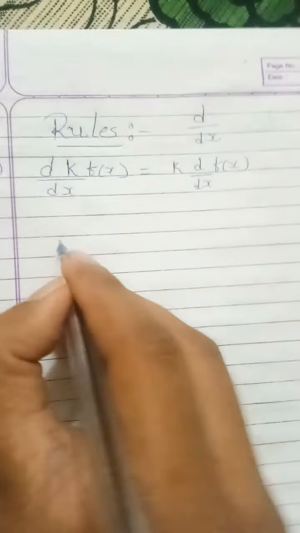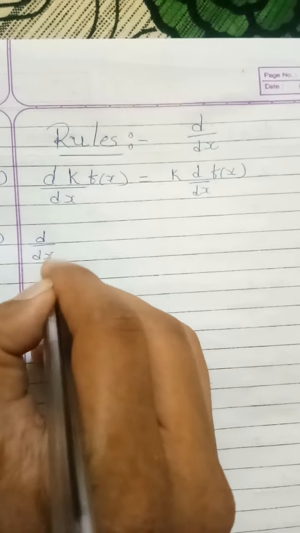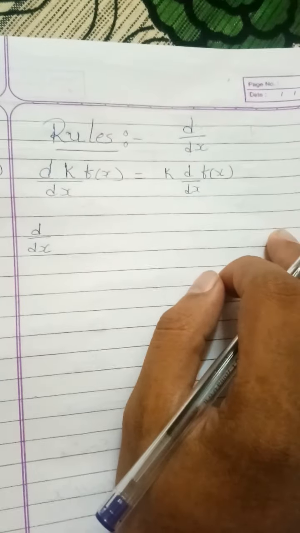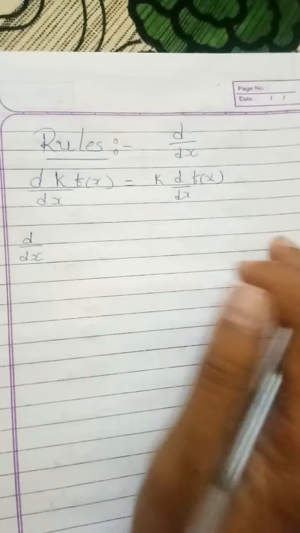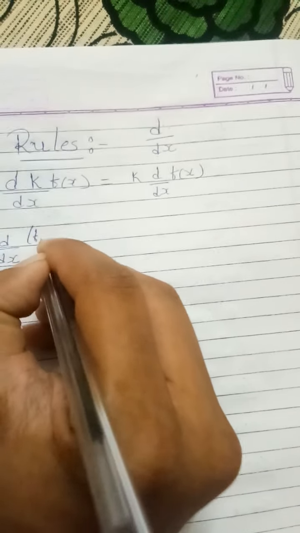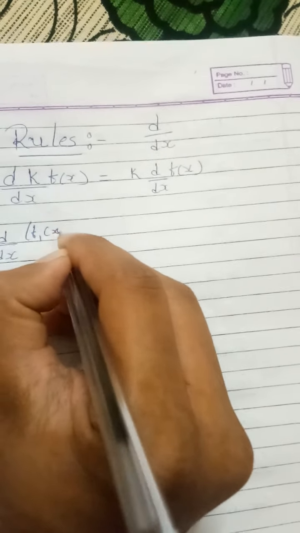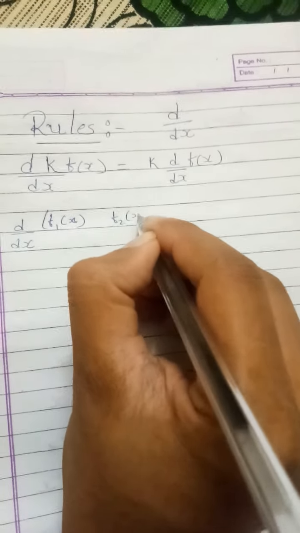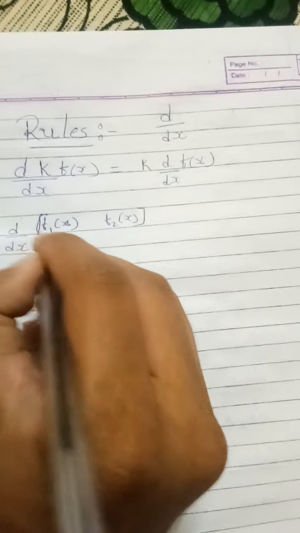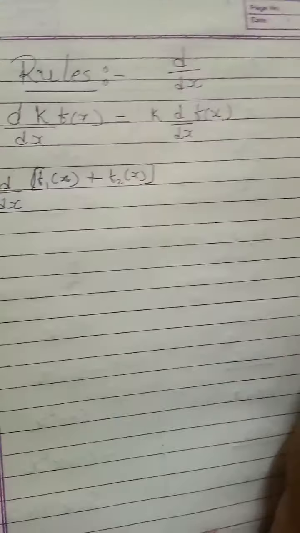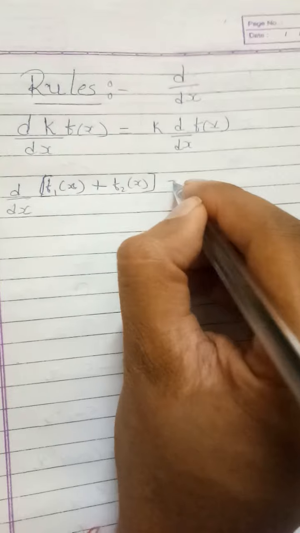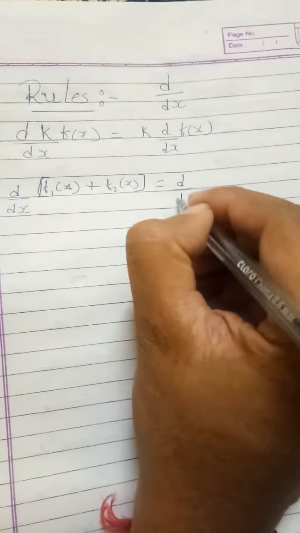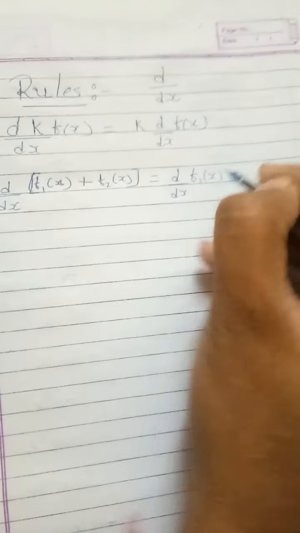Second rule: if two functions are given and in between the two functions there is a positive sign or negative sign, where one function is f1x and the second function is f2x, and in between these there is a positive sign. So if you want to find the differentiation, it is simple, just differentiate both separately.